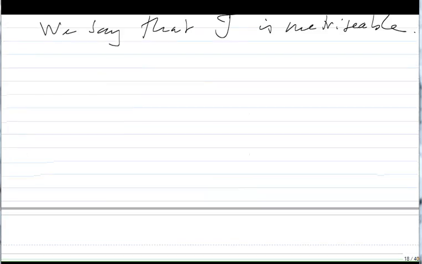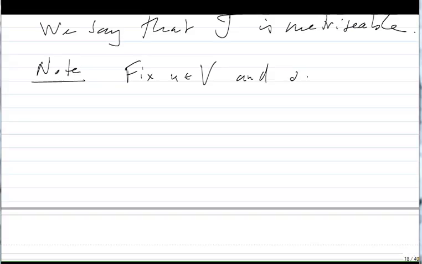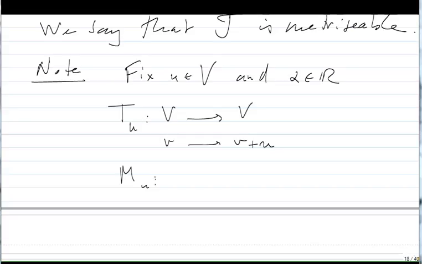Okay, note that if we fix a vector u in V and alpha in R, and let us consider T sub u, which is translation basically, from V into V, by v gives v plus u, and M alpha, the multiplication by alpha, from V into V, by v gives alpha times v.